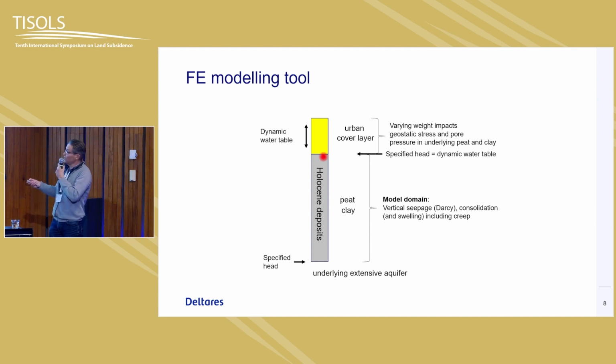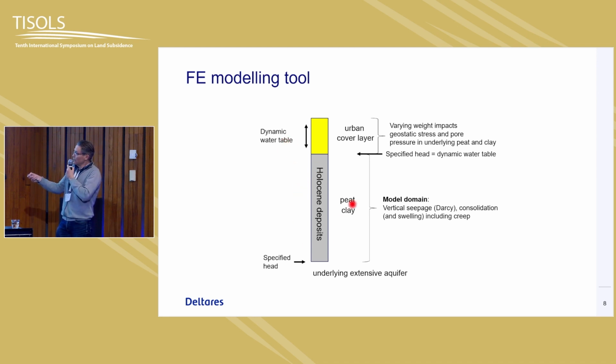On top of that, the yellow is not directly a part of the model calculation, but it's to drive the boundary conditions at the top of the clays. And this is, let's say, the urban level, sands or whatever that people have put on top, in which the groundwater is moving up and down seasonally. Right here, the dynamic water table.